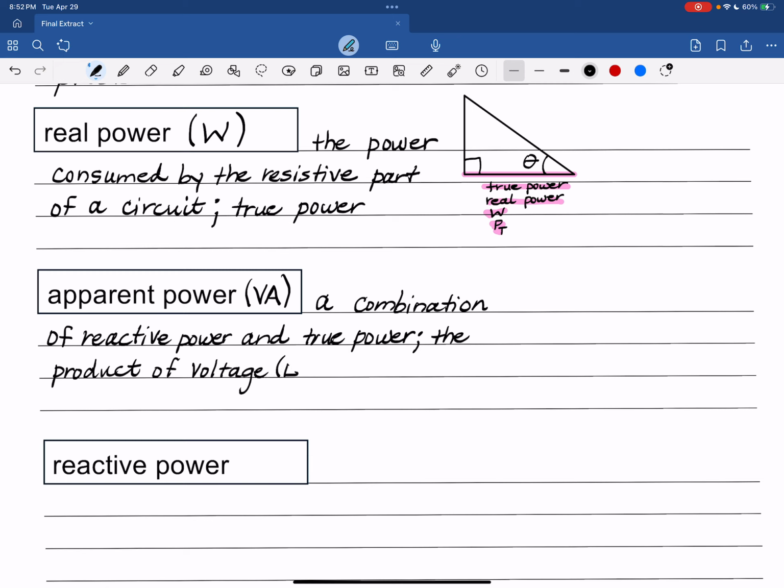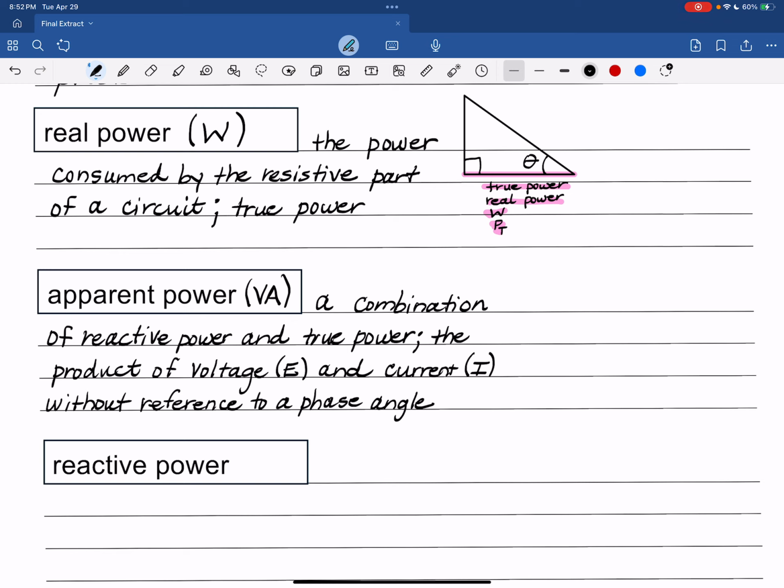That's E. And current, that's I, without reference to a phase angle. And that will come later, a discussion of phase angles, not with me.